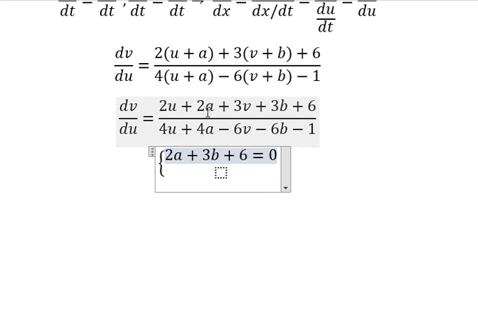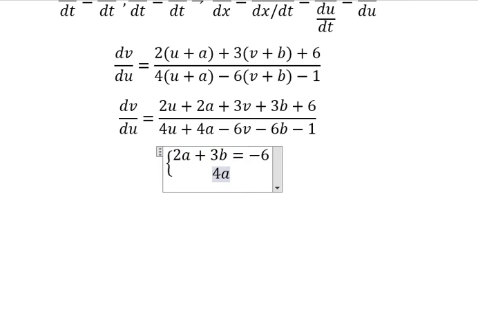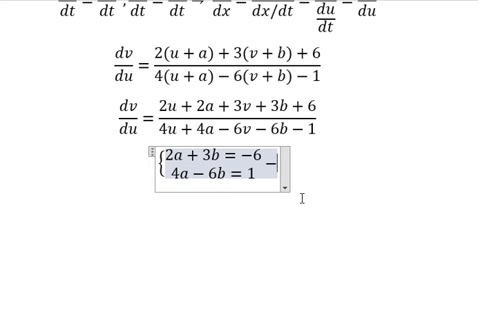Because we want to cancel the constant, that's why it equals number 0. Now I will put negative number 6 in here. Similar for the second one. And now we need to find the solutions of a and b.